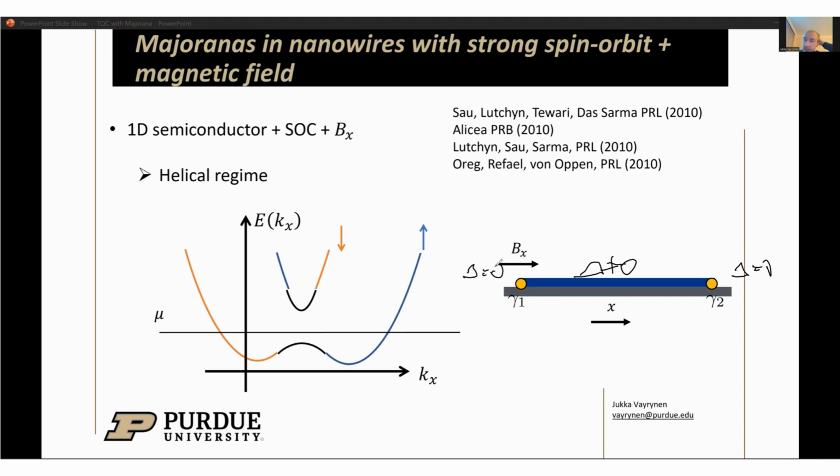And then you can get this middle region to be in a topological phase, and you will have some Majorana end modes in this system. And moreover, the bulk will be gapped, so it will be like an insulator.